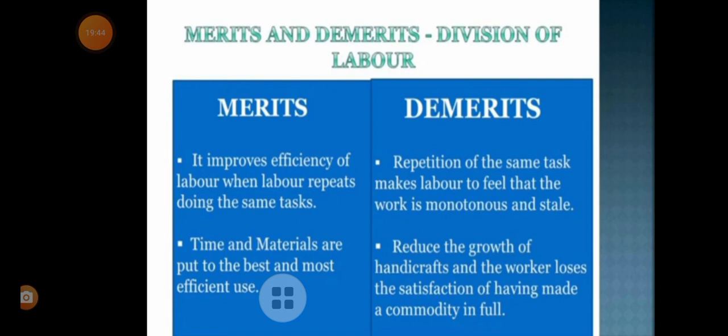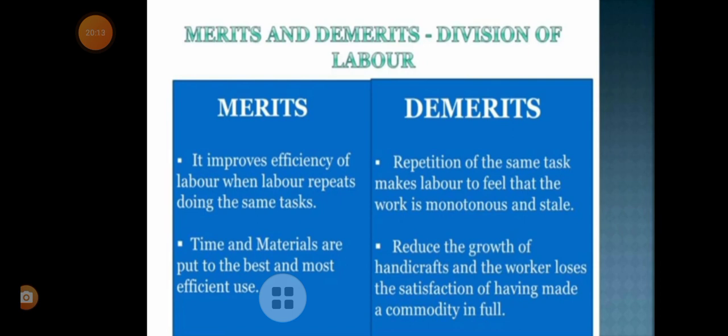So what are the demerits? Negative things in the division of labor. Repetition of the same task makes the labor feel that work is monotonous and stale. There are also drawbacks in the division of labor. When one person keeps on stitching only the collar, or only the hand part, or only the button, the work becomes monotonous.